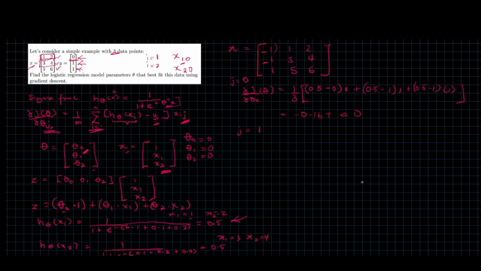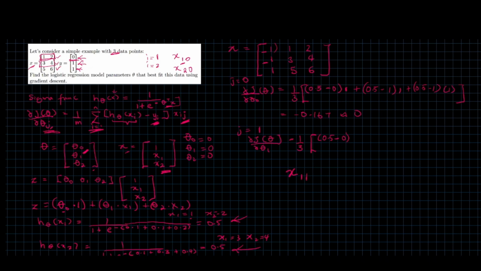So for j equals 1, when you want to get the gradient of the cost function, it's still going to be 1 over 3. But in this case, we're using the second data point, which we got here. It's still the same 0.5. So 0.5 minus, in this case, y i is still the same, 0. Now it's x i j that will change. In this case, it will be x 1, but then j is equal to 1.